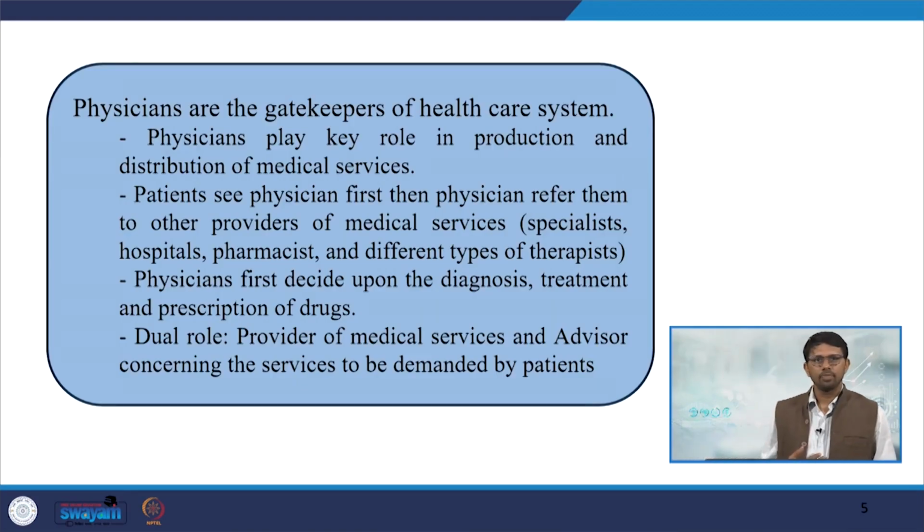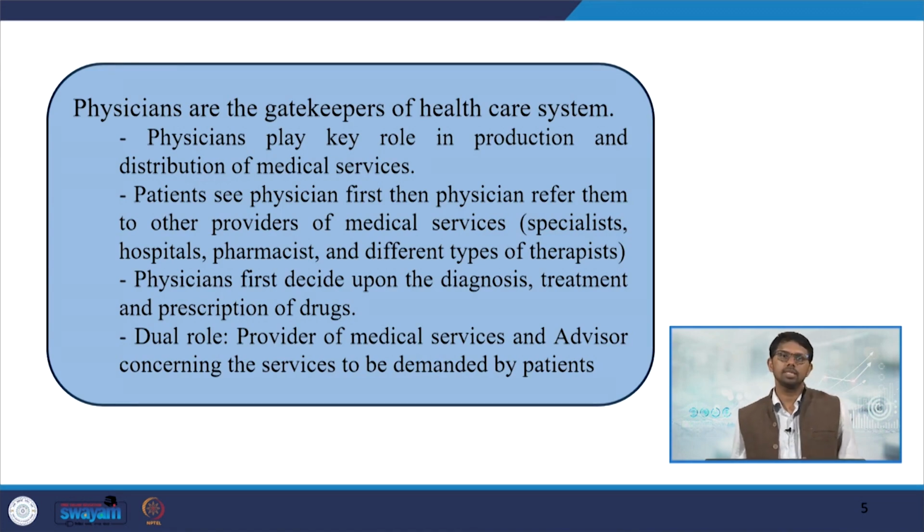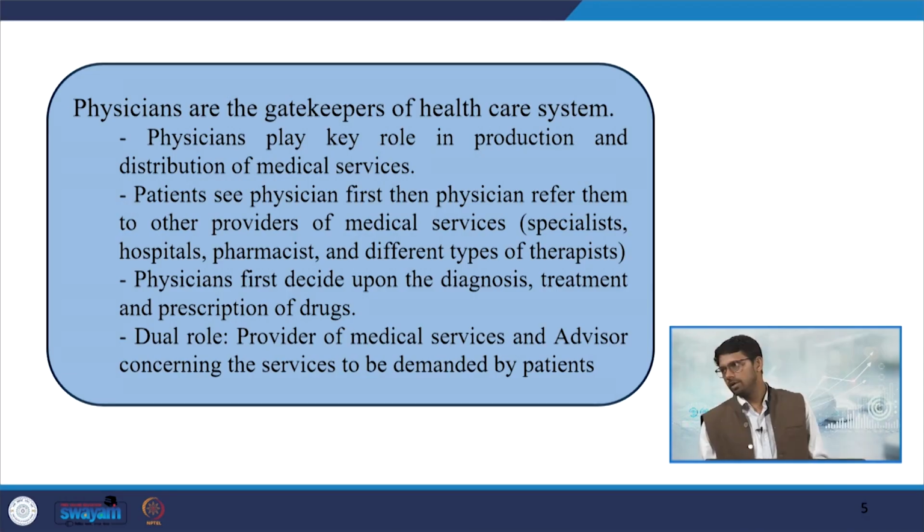They play key role in the production and distribution of medical services. Patients see physician first, then physician refer them to other providers of medical services such as specialists, hospitals, pharmacists, different types of therapies, etc. The physicians indeed decide first on diagnosis, treatment and prescribing drugs, etc.